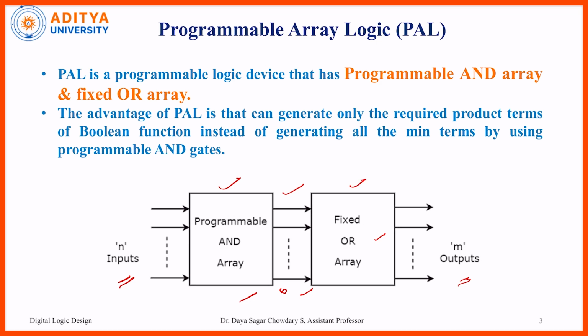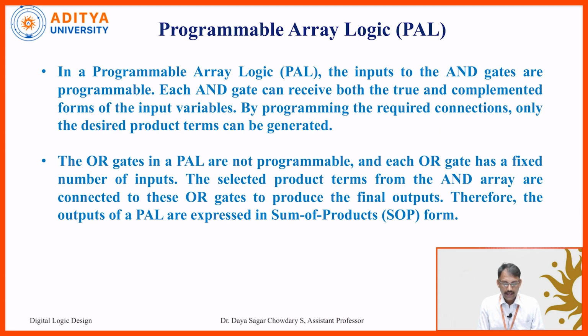The advantage of PAL is that it can generate only the required product terms of a Boolean function instead of generating all the minterms, by using programmable AND gates. In a programmable array logic, the inputs to the AND gates are programmable. Each AND gate can receive both the true and complemented forms of the input variables.